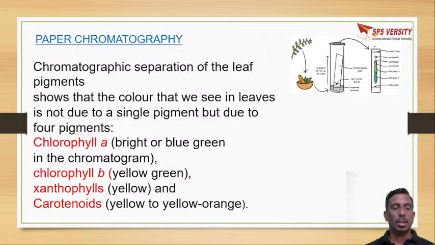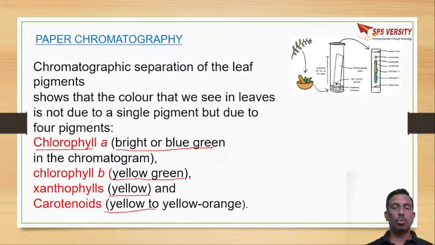If we take the photosynthetic pigments, the first one is chlorophyll A, which is bright or blue-green. Chlorophyll B is yellow-green. Xanthophylls are yellow in color.